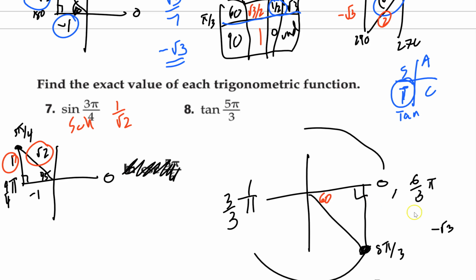Opposite 60, 60 is big, is radical 3. Hypotenuse is always 2, and this is 1. We're going down, so that has to be negative. This one's always positive, and we went to the right. Tan is TOA: opposite over adjacent. And that's the gist of this. I'll do a couple more to make sure we got it, and I'll do a couple that are different, but that's the general idea.